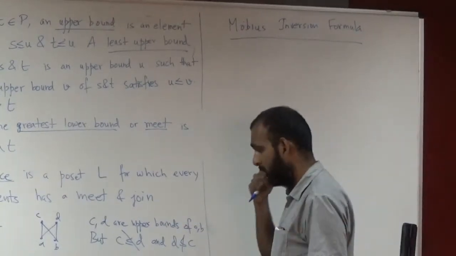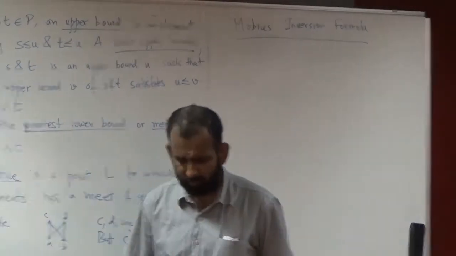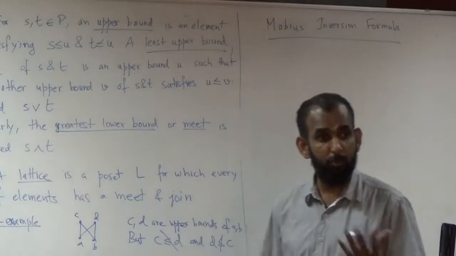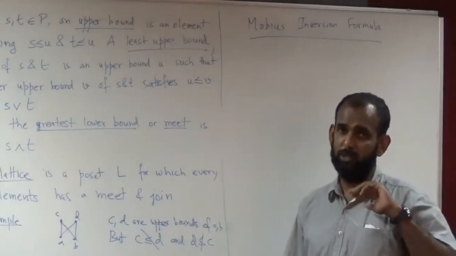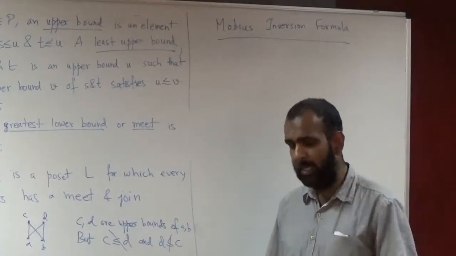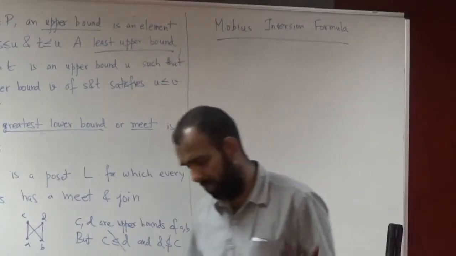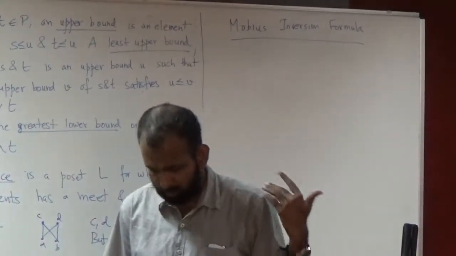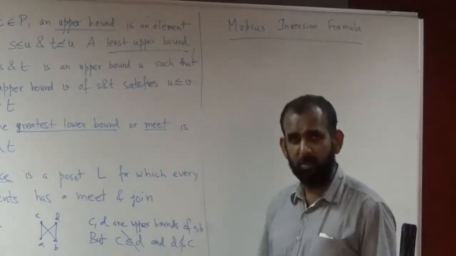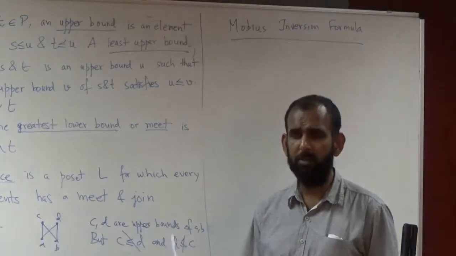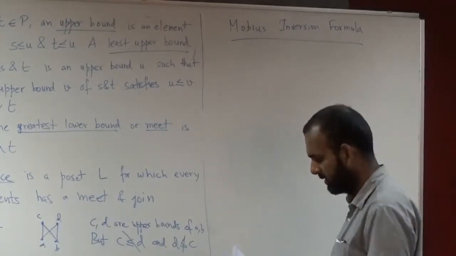Remember when we were talking about the number theoretic example, we had defined this Mobius function, which was 1 for integers which were square free and had an even number of prime factors. It was -1 if it was square free and had an odd number of prime factors. It was 0 in all other cases.